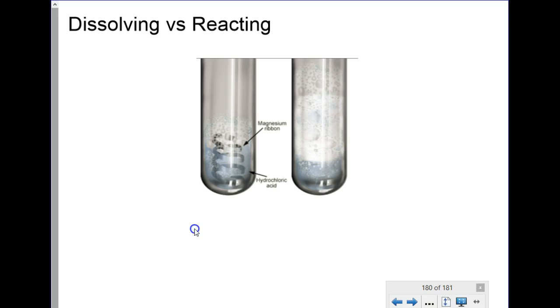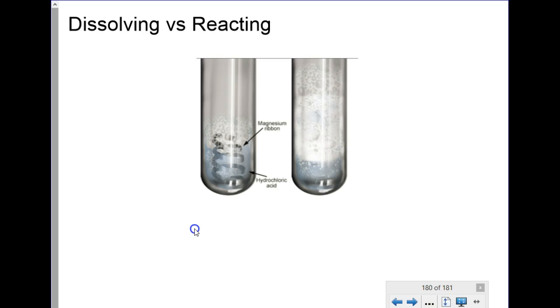One of the terms that I have seen a lot on Lab 1.1 is the word dissolving to describe what's going on with the magnesium. This is an incorrect term to describe what happened to the magnesium in Lab 1.1. What is the difference between something dissolving and something reacting? If it's dissolving, then it disappears. Versus if it's reacting, you can still see it, but there could be stuff around it.